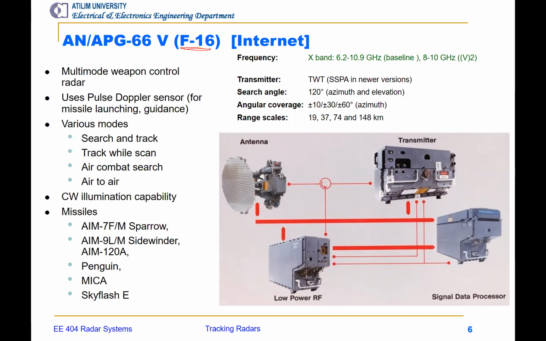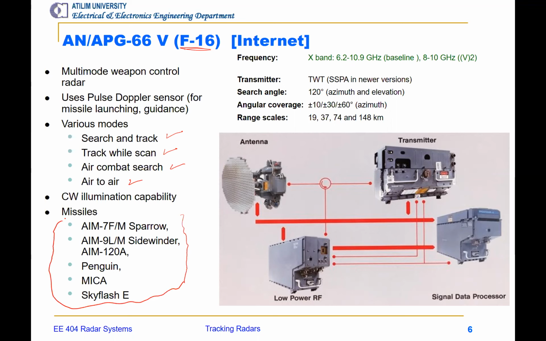This is a multi-mode weapon control radar. It uses the pulse Doppler principle, and it has search and track modes, track while scan, air combat search, or air-to-air engagements. It has continuous wave illumination capability, and it can support these missiles.